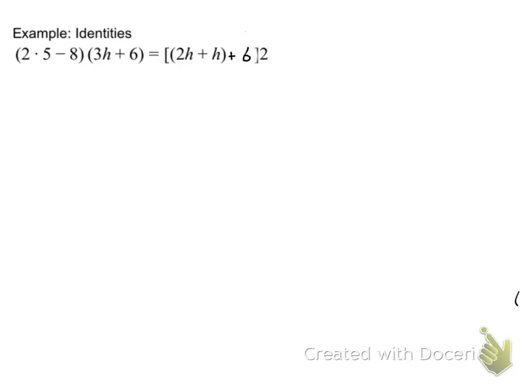Parentheses. We got a couple parentheses. We can do something on both sides. First one over here on the left. Multiplication would be 10 minus 8. Would you guys agree with this? I do. Okay, nothing changes in the second set of parentheses. Then I got a large bracket with a set of parentheses, which I can change to 3h plus 6.